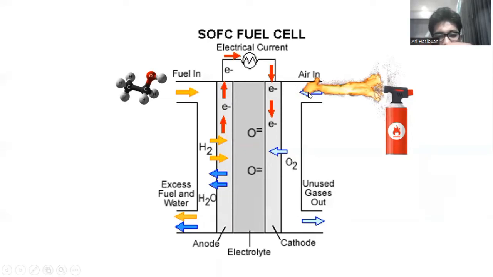So we have to heat it so the ethanol will be oxidized by the catalyst of the anode, and the cathode acts as the catalyst for oxygen. The oxygen will pass to the other side through the electrolyte, but this cannot be passed by ethanol. It can only be passed by oxygen.